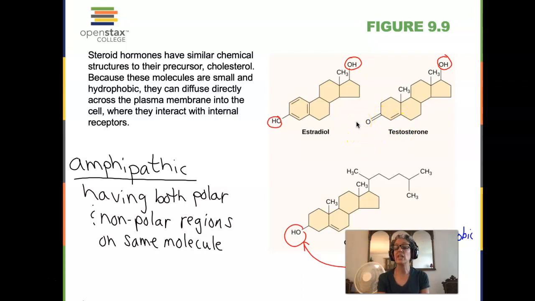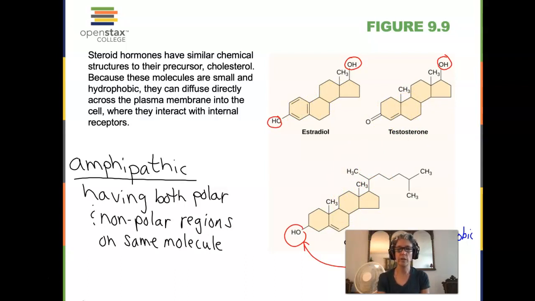It would be a ketone because it's in the middle of the molecule. Estradiol also has more double bonds in this 6 carbon ring, and they are in a different position than the 1 double bond. I will not put these up and have you identify which is estradiol and which is testosterone, but shown a picture, you should be able to identify that these are steroid hormones.